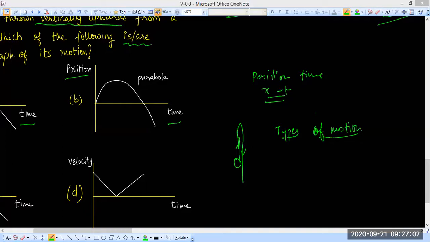No Falak, it's wrong. Projectile, Ananya, projectile motion is okay, but that's not what we are talking about. It will not help you solve this question. Think of the types of motion that I've taught you so far.